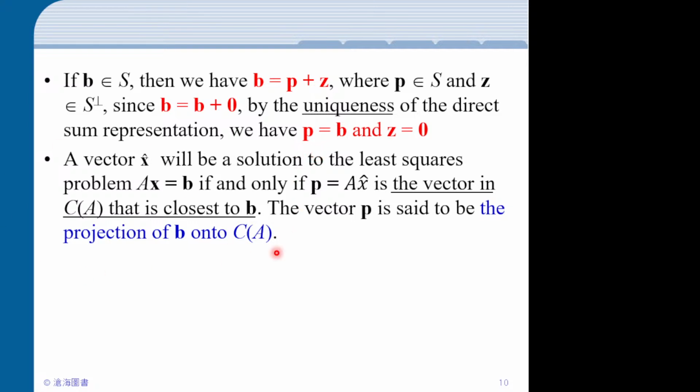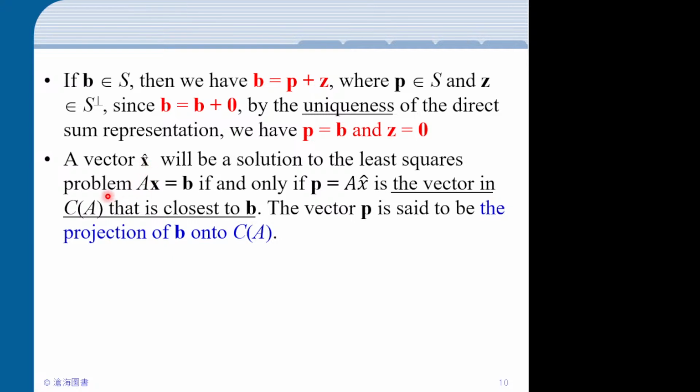So now we go back to solving the linear system, solving the least squares problem. We want to find the closest point of A x equal to b. Now back to S being the column space of A. So P will be A times x hat, because that's the best solution.